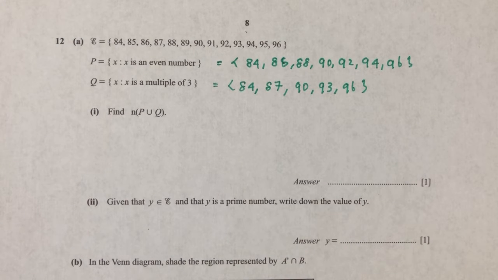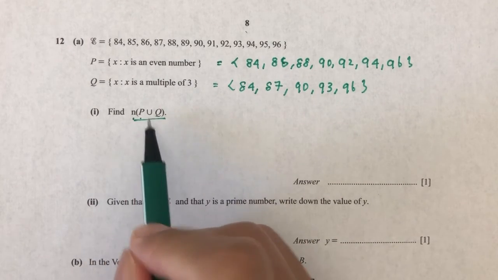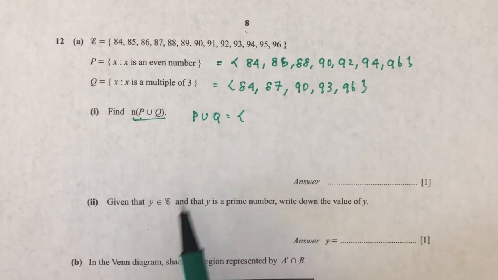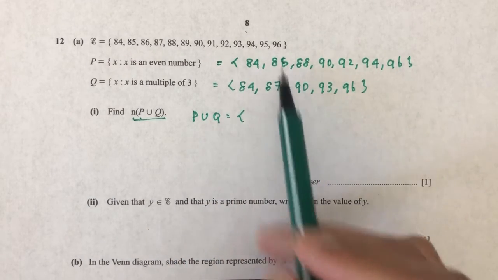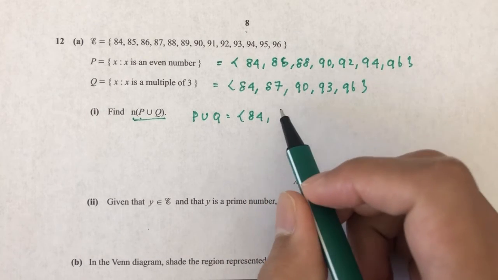Okay, so now for question part A, find the number of this set P union Q, which is the union of these two sets. So let's write down the numbers from both of those sets.